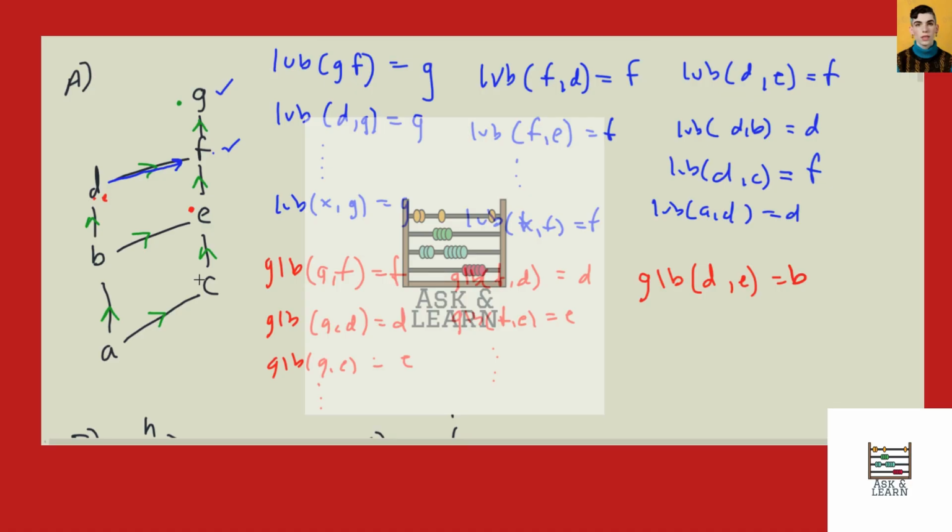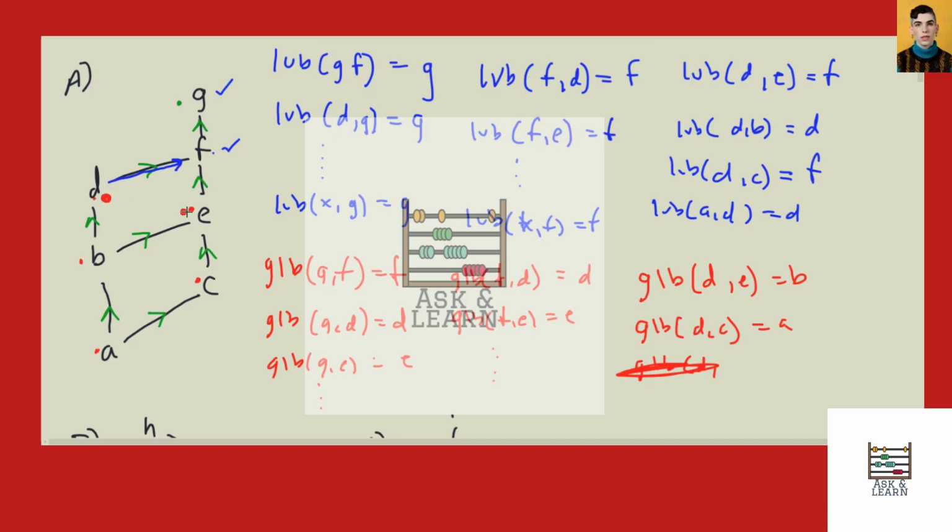Now if we do D and C, well, C feeds into A and D feeds into A. So the greatest lower bound of D and C is A. And so you can see that for similar reasons, if we have something that's in the same column as it, then it's just going to be whatever the lowest one of that is.